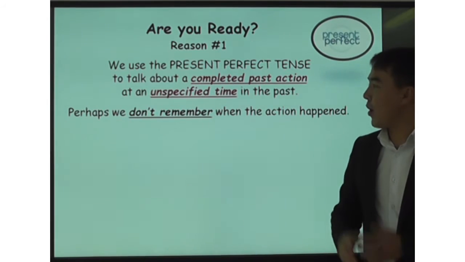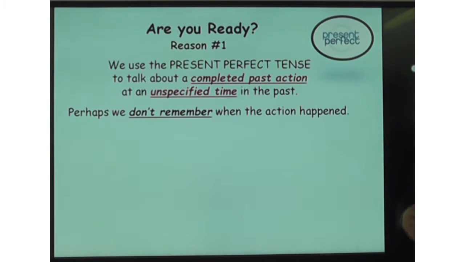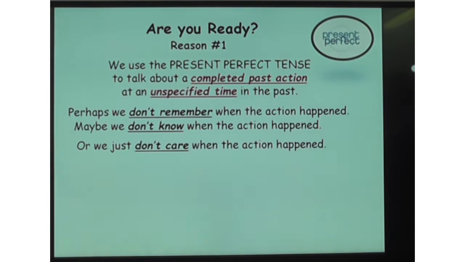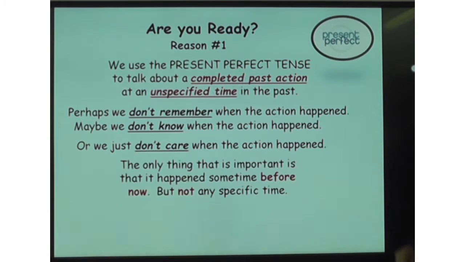Reason one: we use the present perfect tense to talk about a completed past action at an unspecified time in the past. Perhaps we don't remember when the action happened. Maybe we don't know when the action happened. Or we just don't care when the action happened.